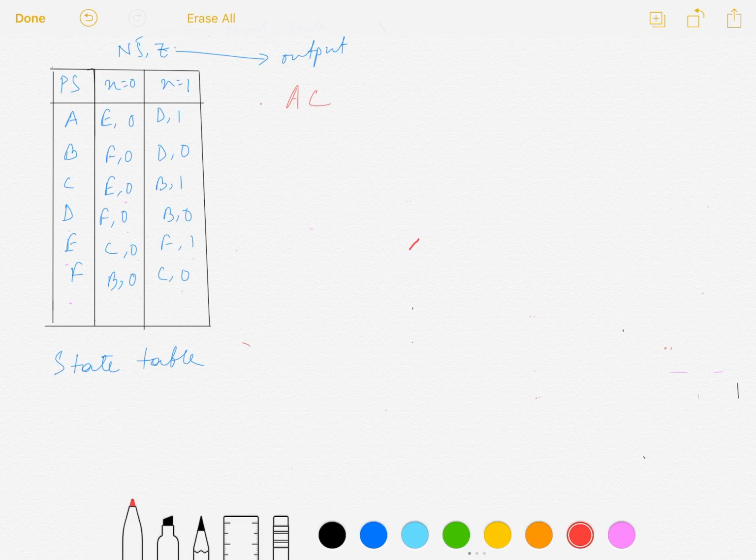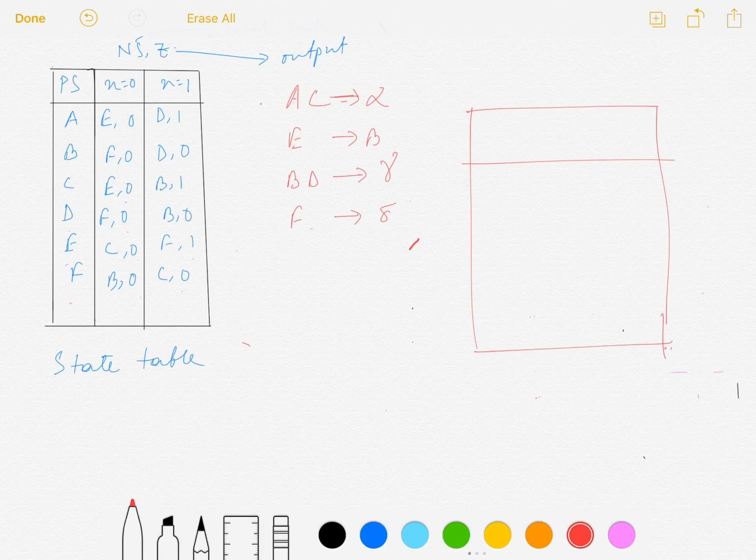Now, I am considering AC as alpha, I am renaming it, E as beta, BD as gamma, F as delta, and creating my equivalent reduced state table.